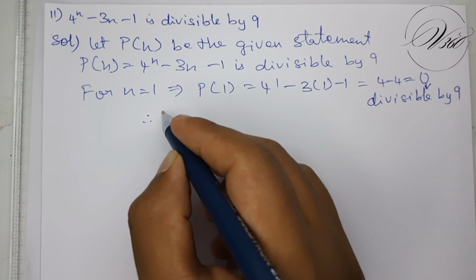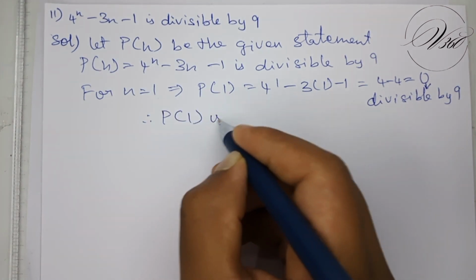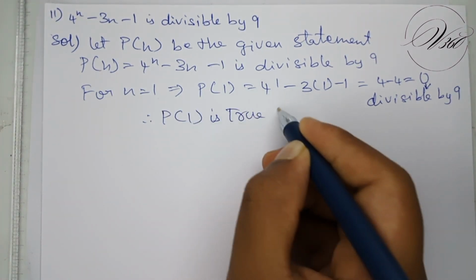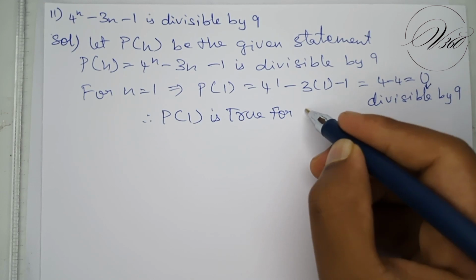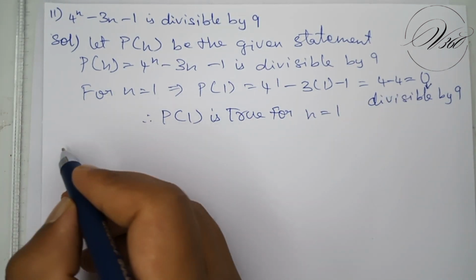Therefore P of 1 is true for n equals 1.